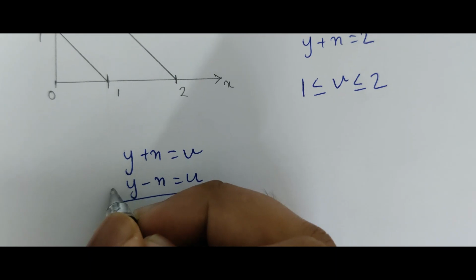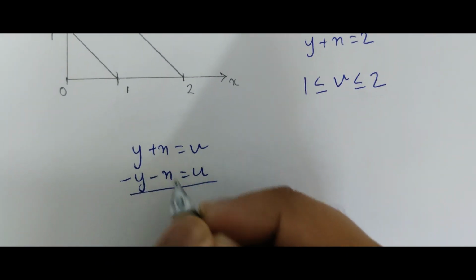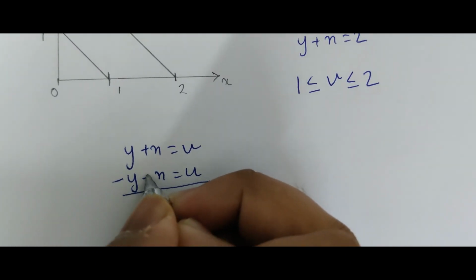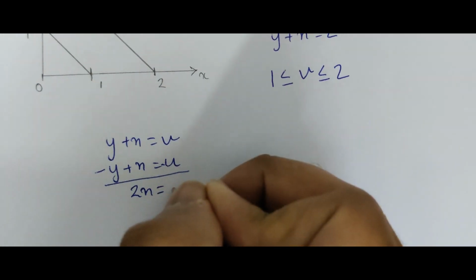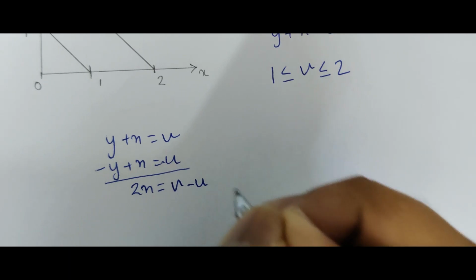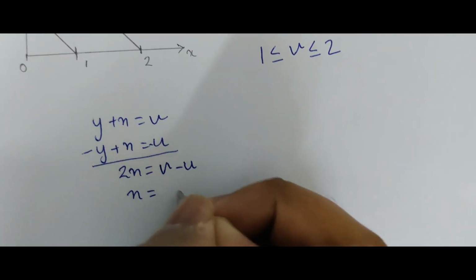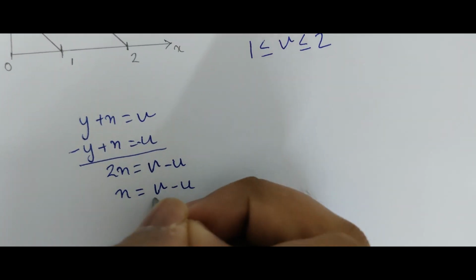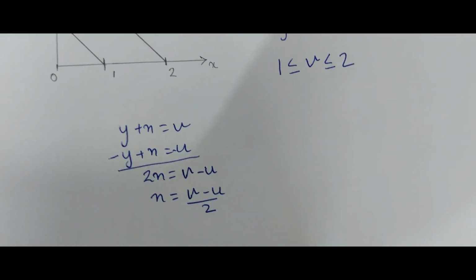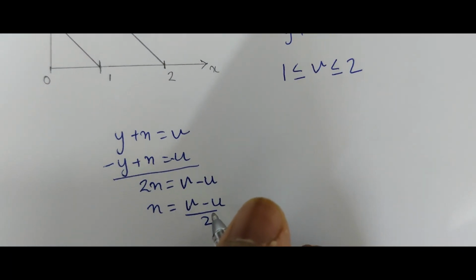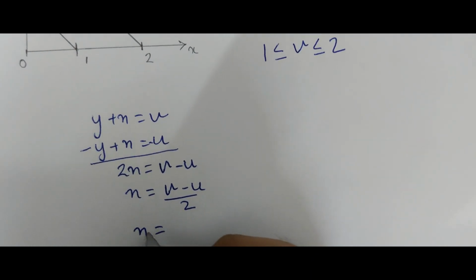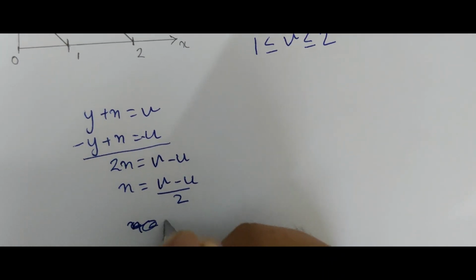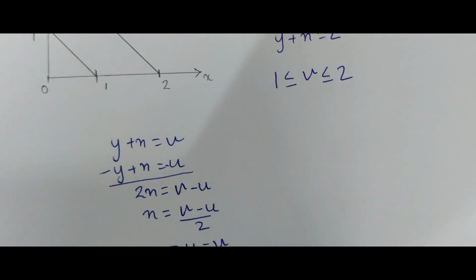When we subtract them, we get 2x equals v minus u, which can be written as x equals (v minus u) by 2. From this we get to know that one of the limits is where u is equal to v.